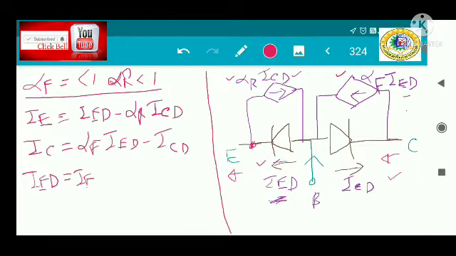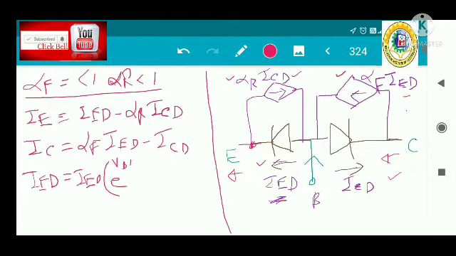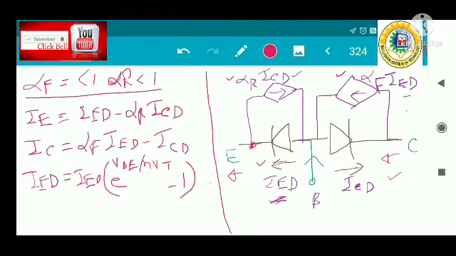So IED is I0 e to the power base-to-emitter voltage divided by eta Vt, minus 1. This is the ordinary forward bias diode current equation.